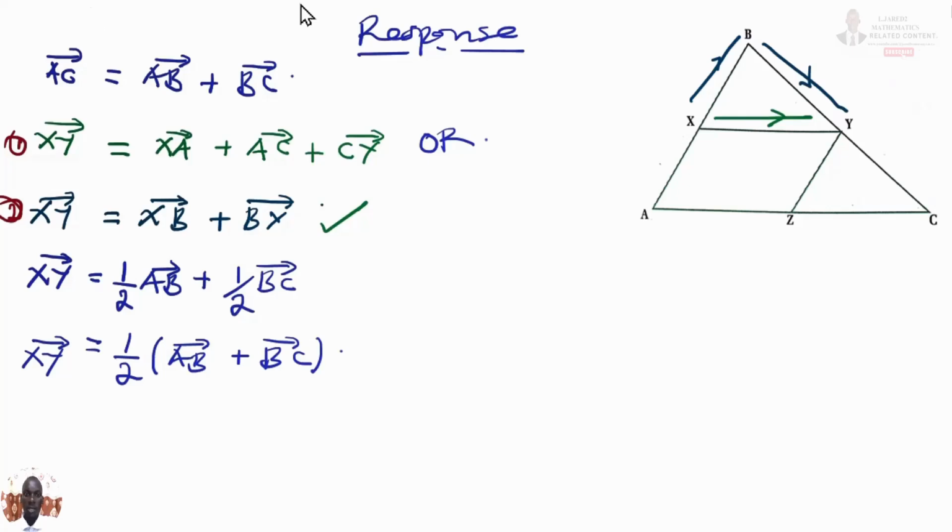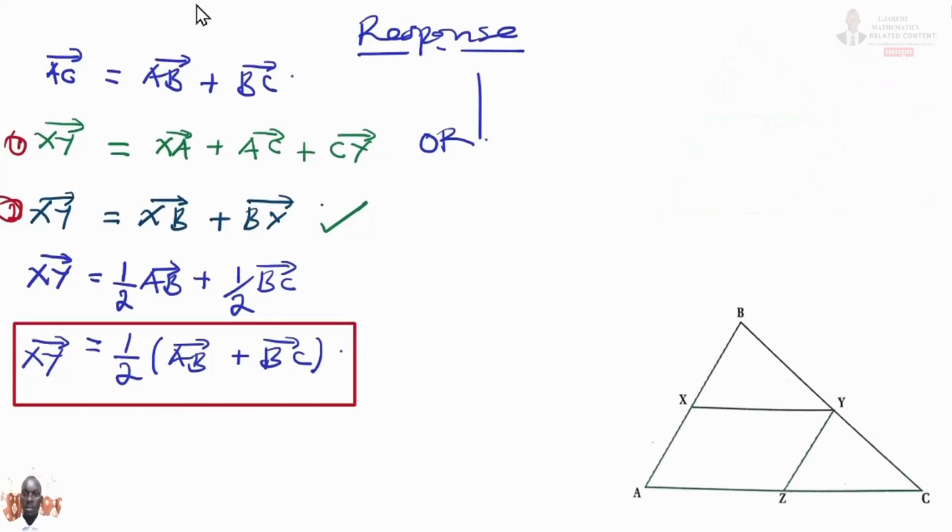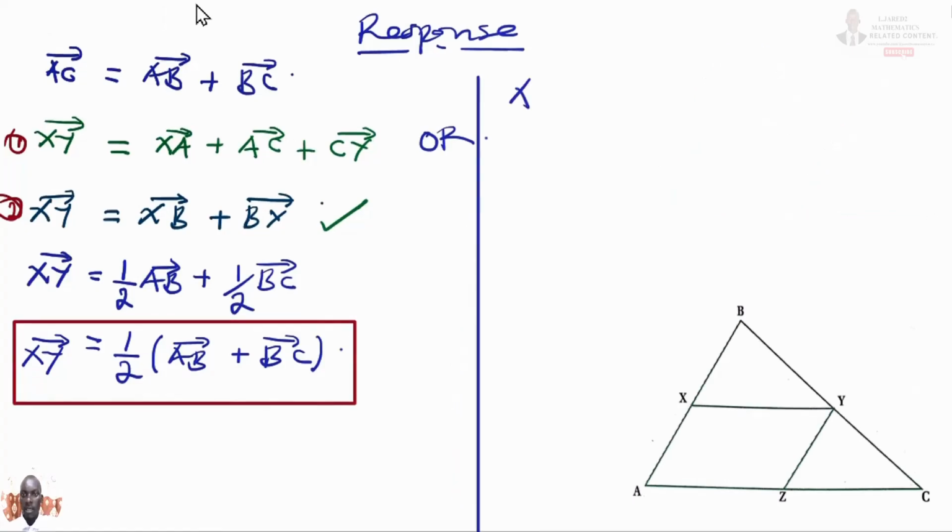So this becomes the expression for our vector XY. We need to go ahead and determine also the vector AZ, and we check whether it is parallel to this vector we have already obtained, which is vector XY. So now, as you proceed, the vector AZ is the same as half vector AC.